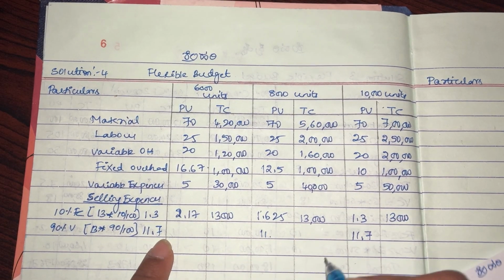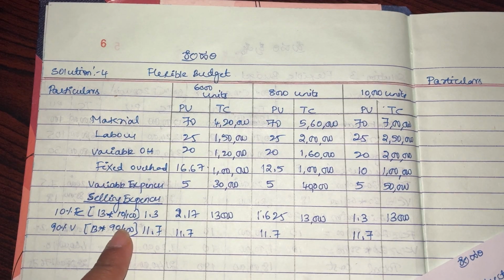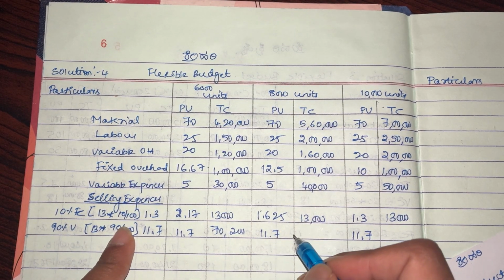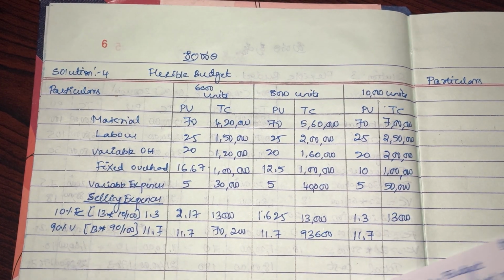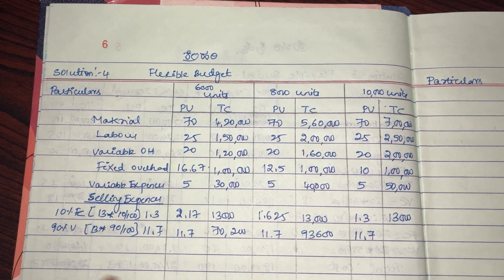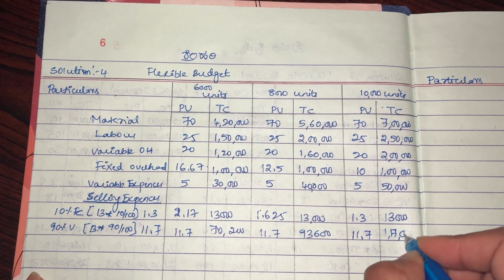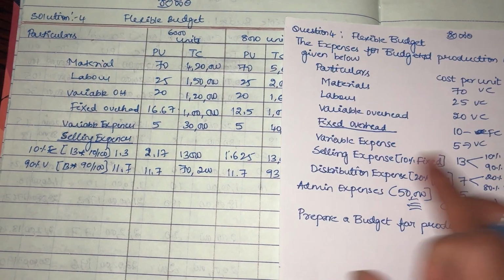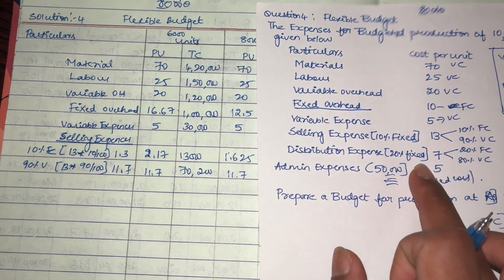So 11.7, 11.7. So 11.7 into 6,000 is 70,200, then 93,600. Okay, then it is 1,17,000. This is done.